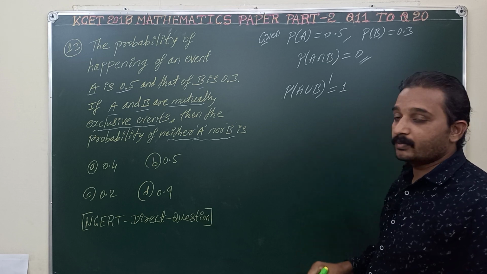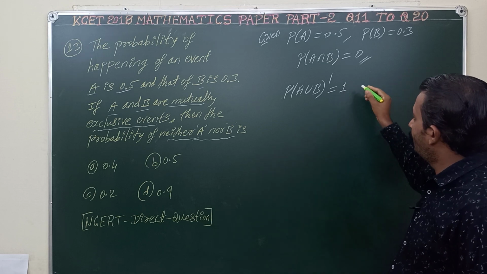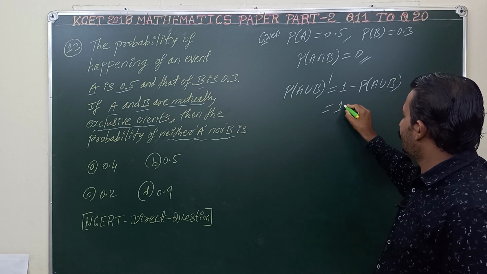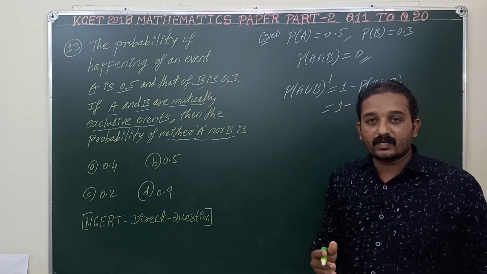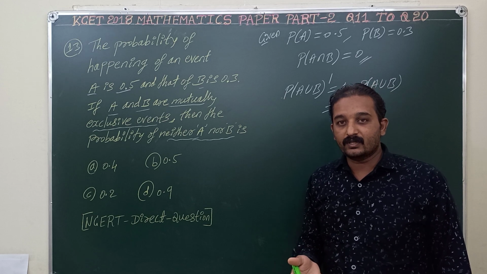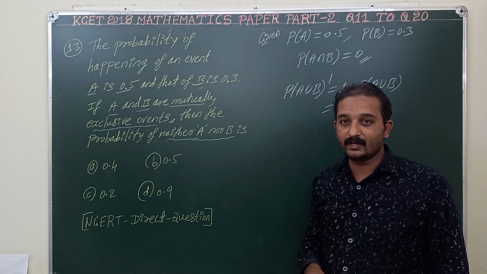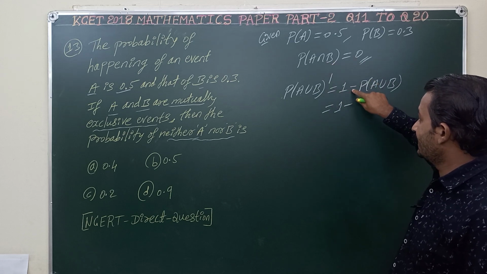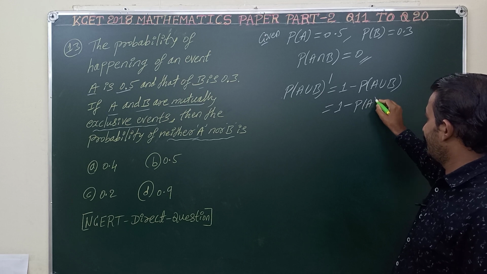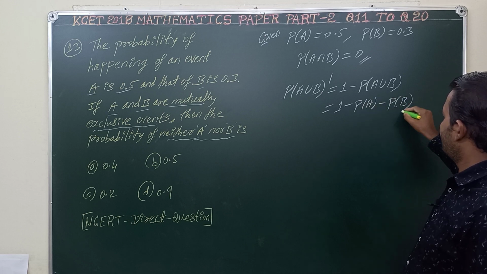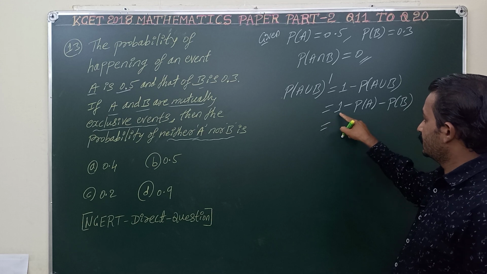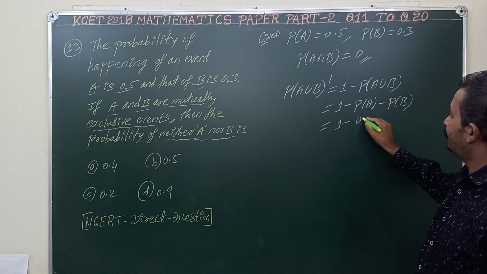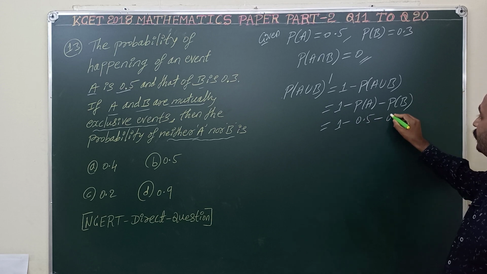So the required answer is probability of A union B whole complement. According to the complement rule, this can be written as 1 minus probability of A union B. Using the formula, probability of A union B is probability of A plus probability of B minus probability of A intersection B. In this case probability of A intersection B is 0, so directly you can write 1 minus P of A minus P of B. Put the values: 1 minus 0.5 minus 0.3.